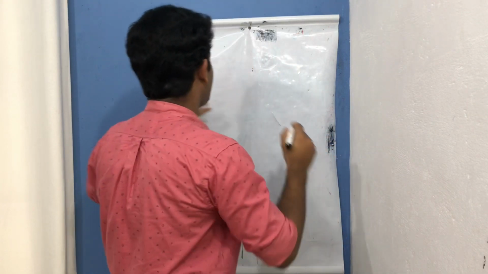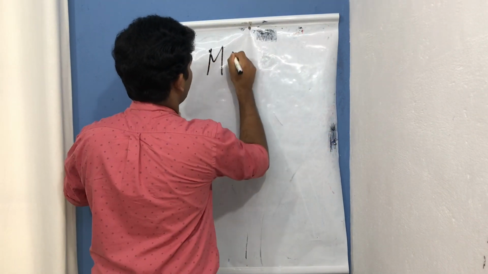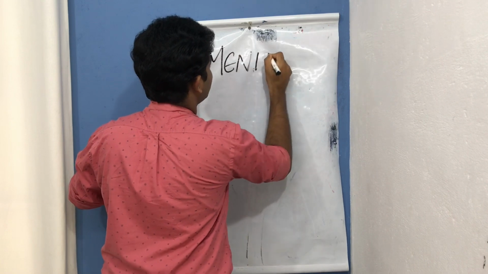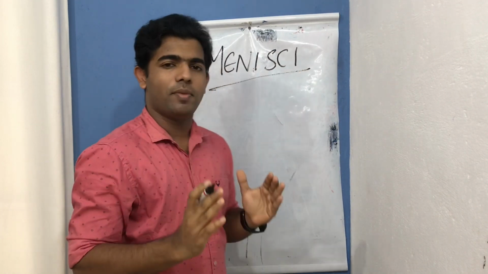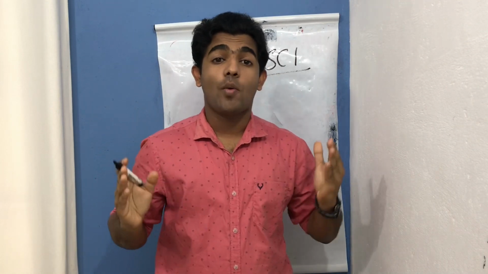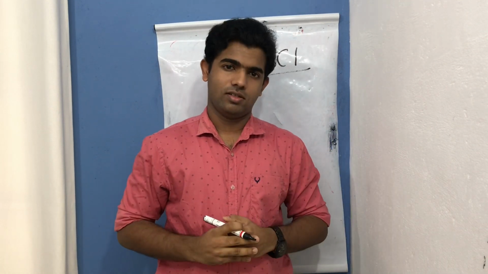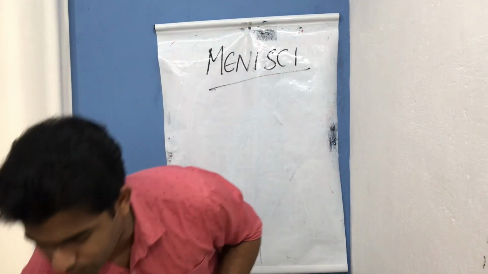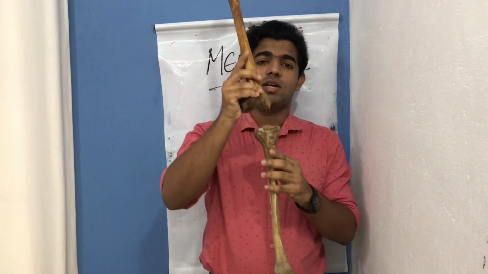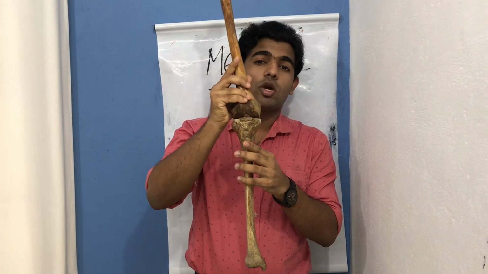We are going to discuss the menisci of the knee joint. What do we mean by menisci, and why do we have menisci or a meniscus? You know that the tibiofemoral articular surface is almost an incongruent one.